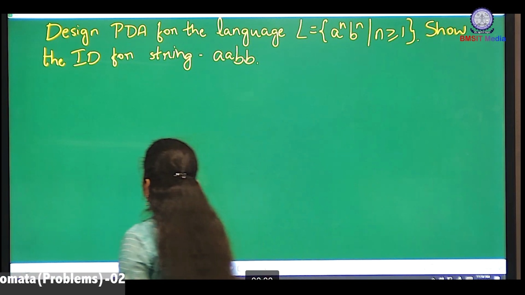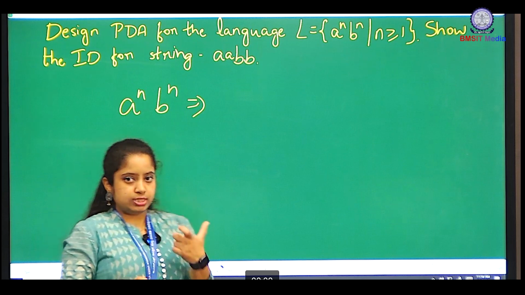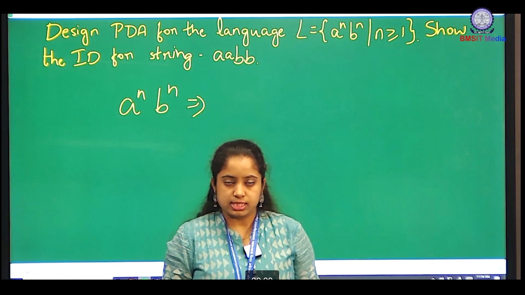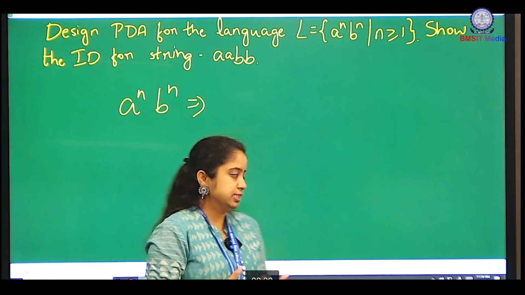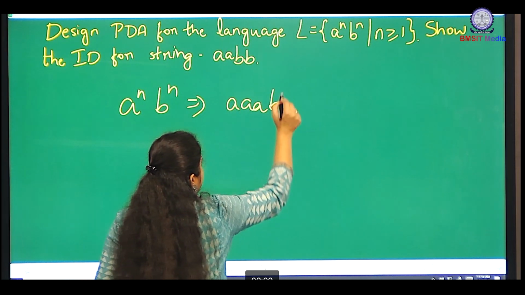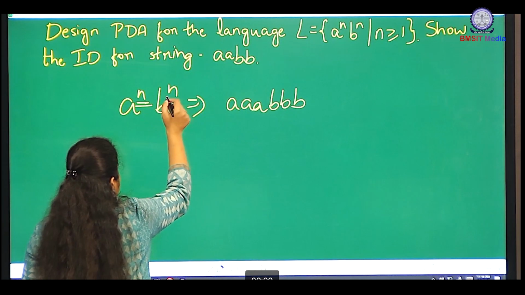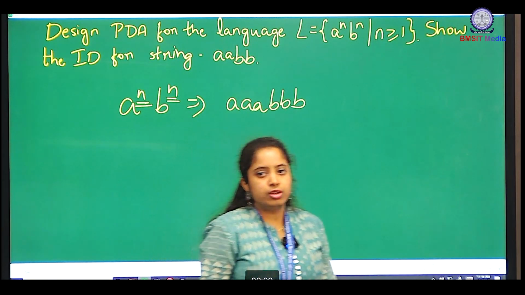When you see the language a power n, b power n, what you understand is that first we need to have a set of A's followed by B's. We can have strings like AAA, BBB, and the number of A's should be equal to the number of B's.